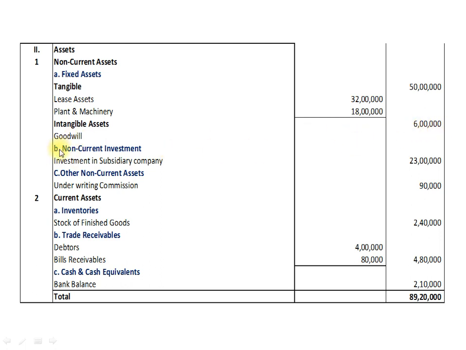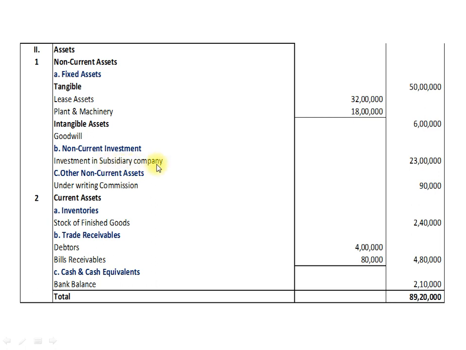The second subhead is non-current investment. In this subhead, we have investment in subsidiary company, that is rupees 23 lakh. My dear students, here you try to understand the meaning of subsidiary company.